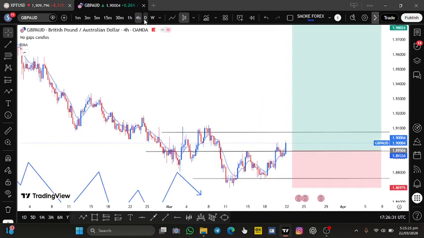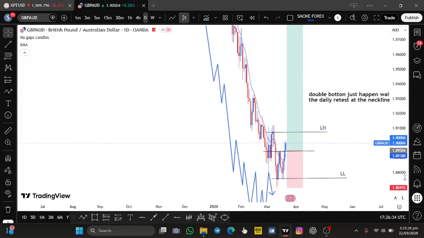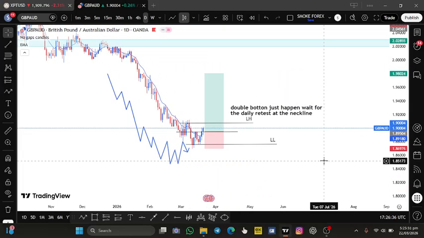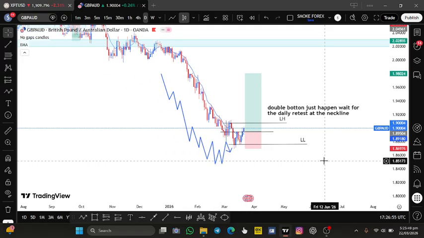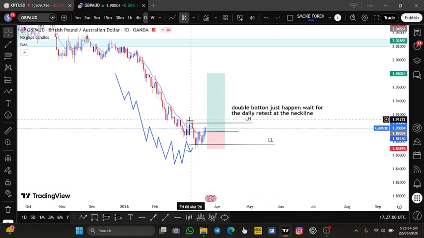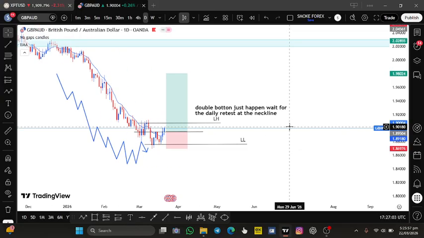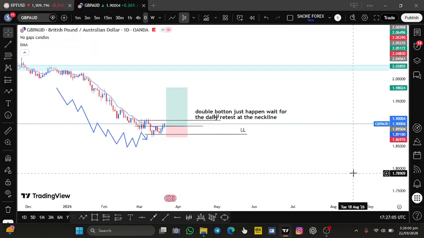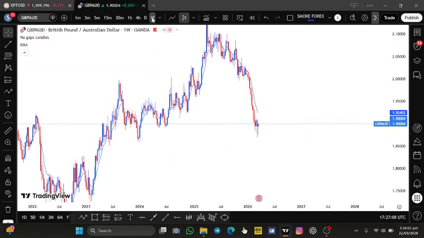My next pair for next week is GBP AUD. GBP AUD is the pair that's very clear for me, and it's the pair I'm calling this week's A plus setup. You can clearly see that price is currently bearish on the daily time frame because price hasn't broken our lower high, but I'm going to take this trade, and this is the reason why.